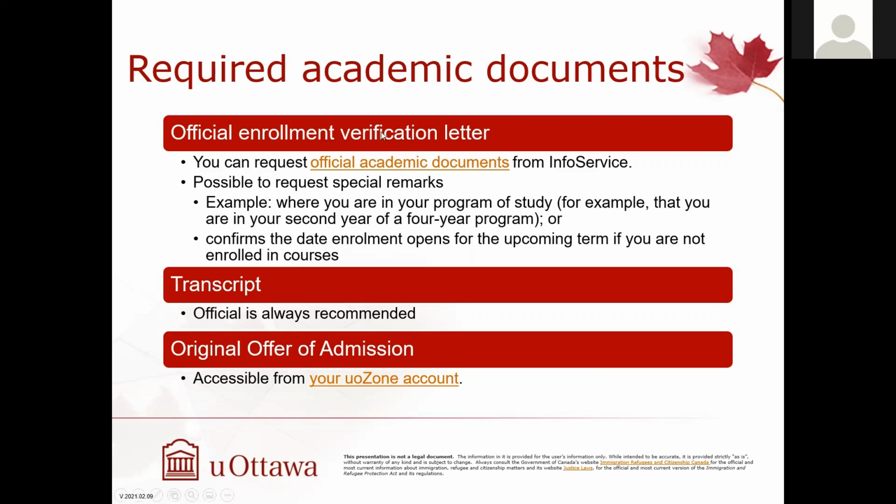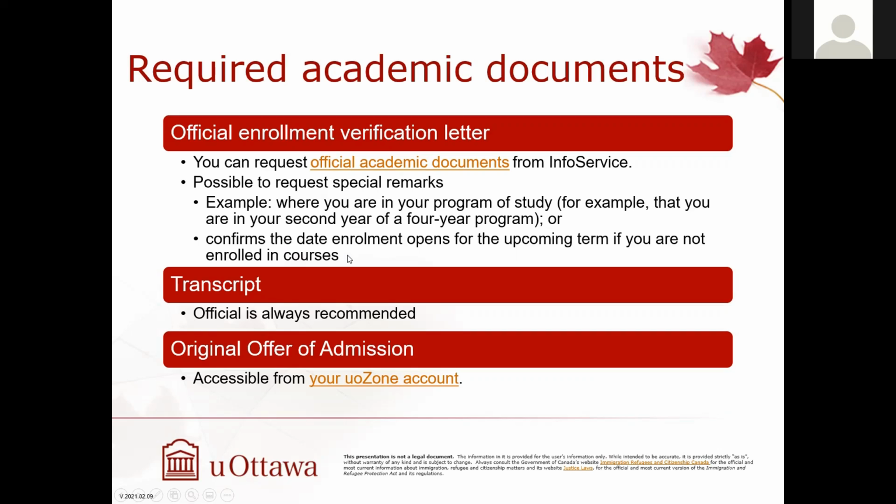It is possible to also request a special remark on your document. For example, you can ask for a comment that confirms where you are in your program, like you're in your second year of a 4-year program. This is also helpful depending on the time of year you're applying.